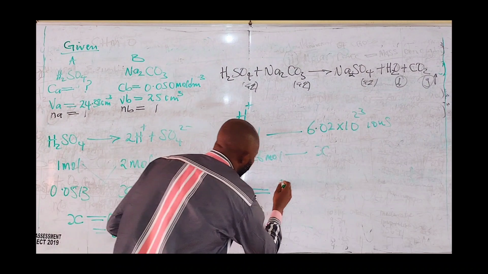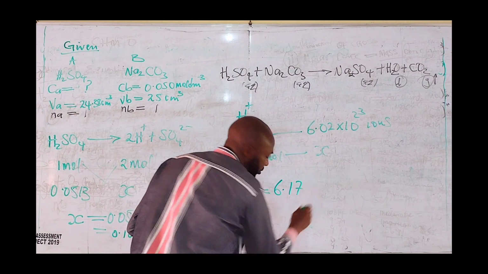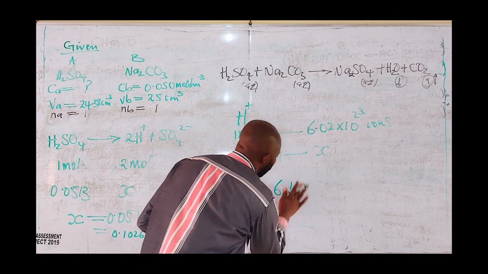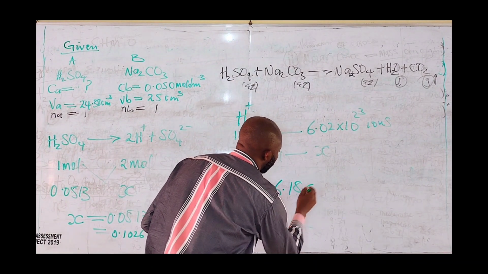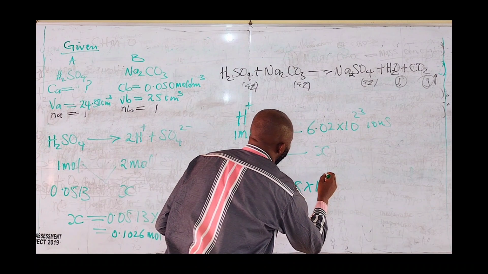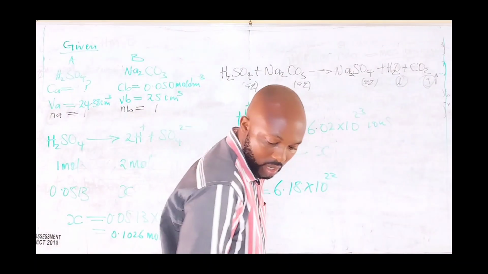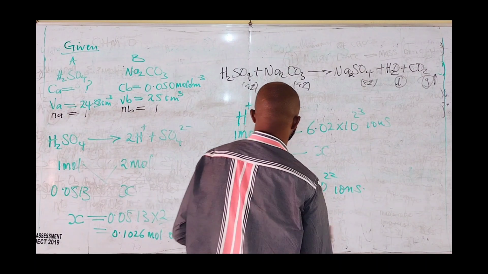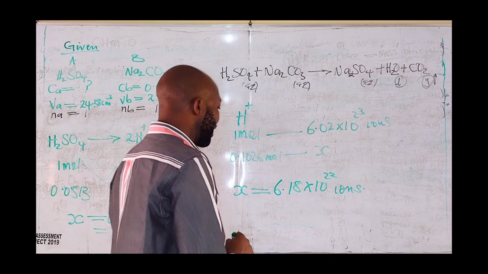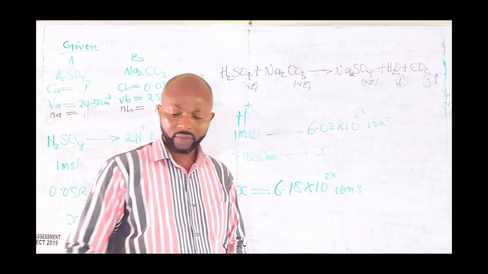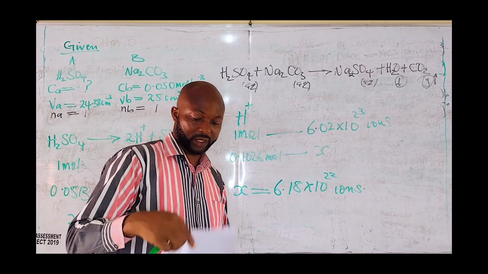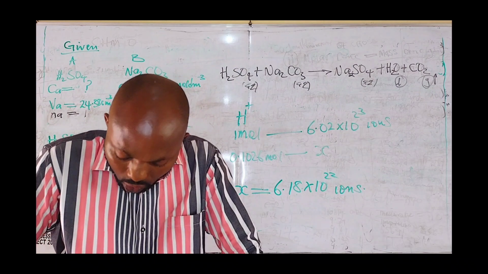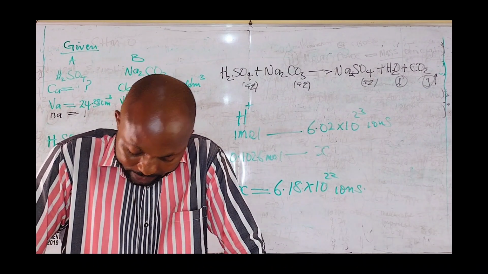That gives me 6.17, or approximately 6.18, times 10 raised to the power 22 ions. So that's what we get for that. We've still not finished. Remember, we've done the number of hydrogen ions in 1 dm cube of A.